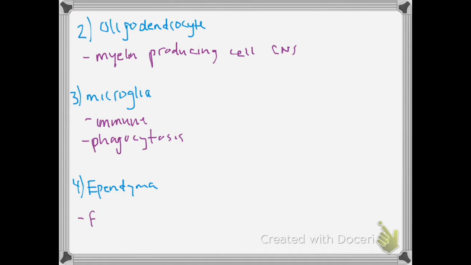We'll talk about these a little bit more next unit, but right now we're just going to say that it forms the epithelial lining of the cavities of the brain and the canal of the spinal cord.